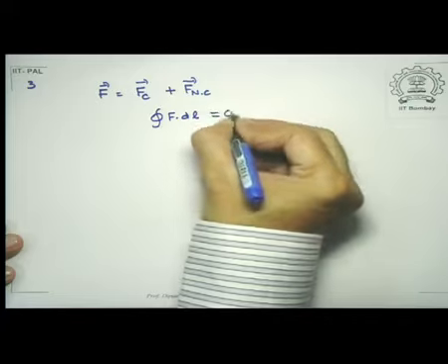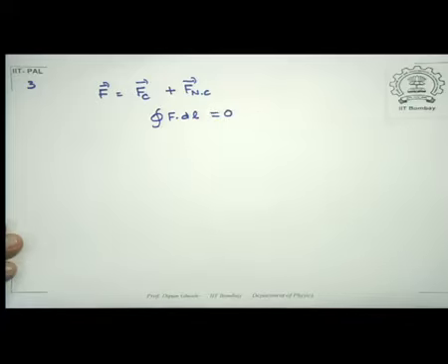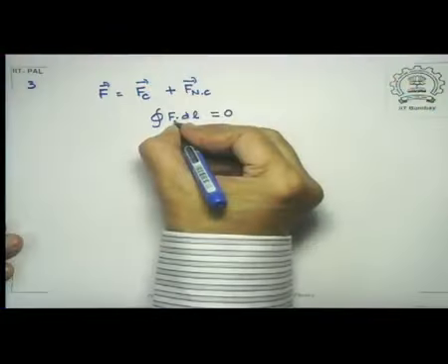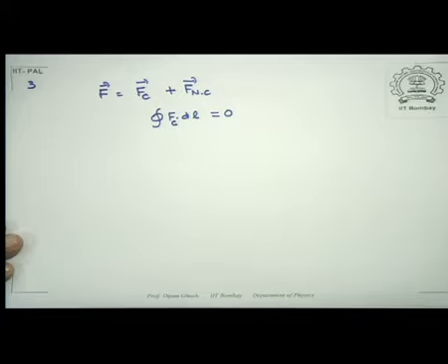And that is because by definition of a conservative force, the work done is independent of the path between any two points. So if you are going from one point to another point, you can go by any path. But if you return back to the same point, then the work done has to be 0. So if I look at conservative F dot dl, it's equal to 0.